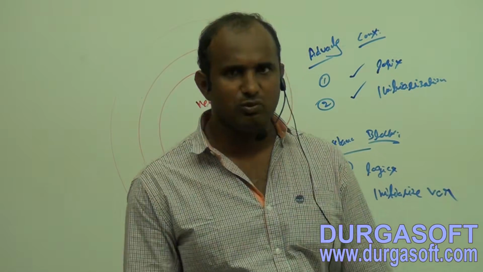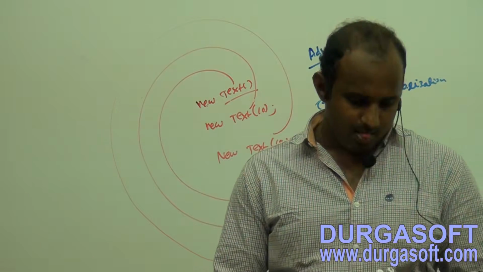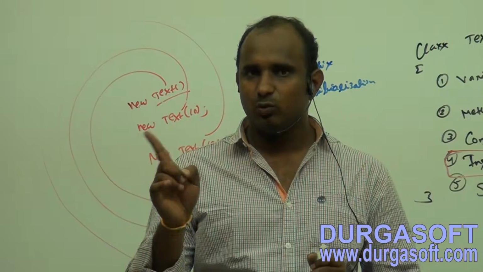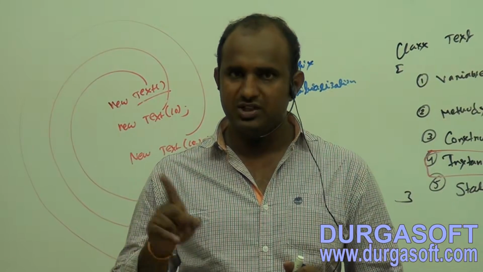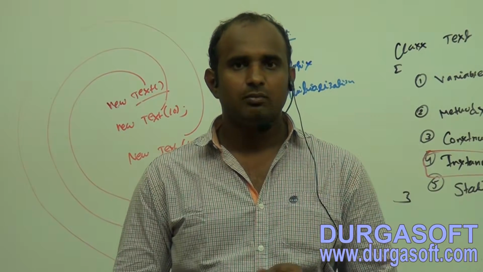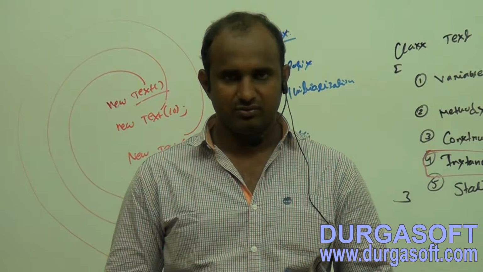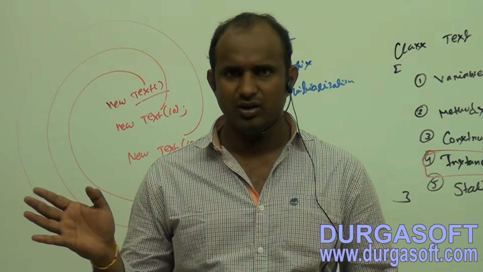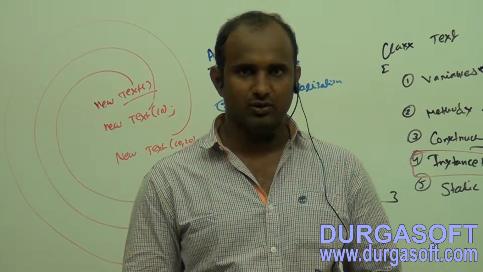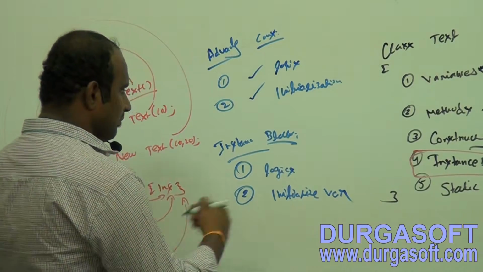Instance block execution depends on object creation but not on constructor execution. We may have a number of constructors executed, but however many objects you create, that many times the instance block is executed. So the first point is completed.